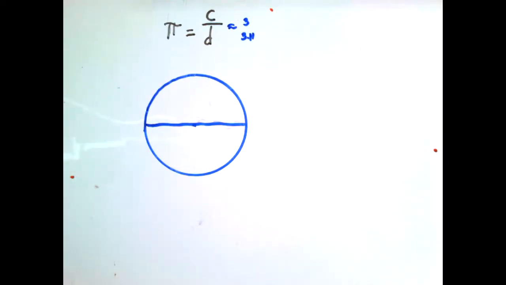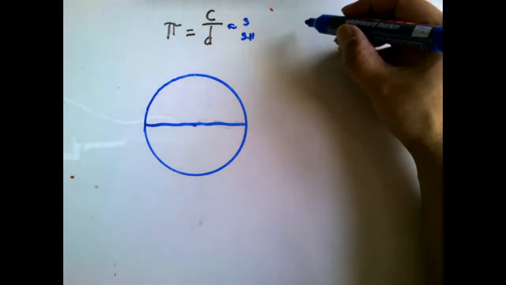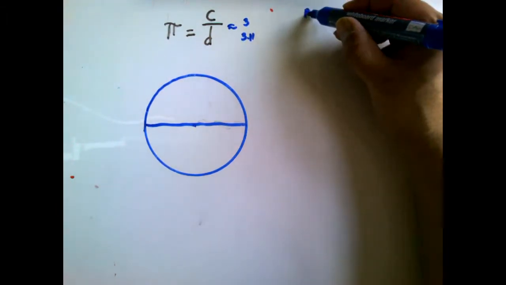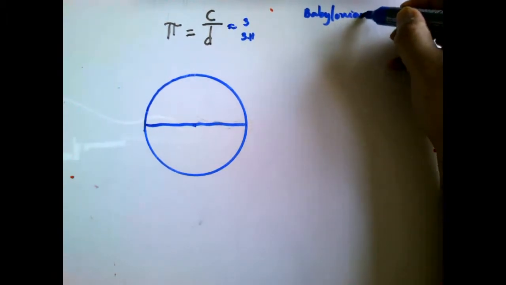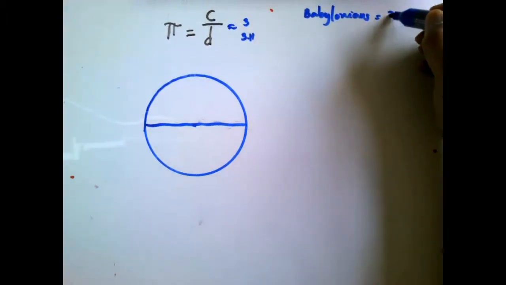Now, I reckon that throughout history, the Babylonians and the Egyptians and the Chinese have their ways of arriving at the value of pi. So in history, the Babylonians came up with a value of 3.